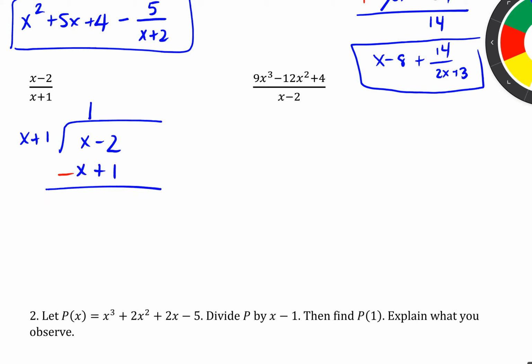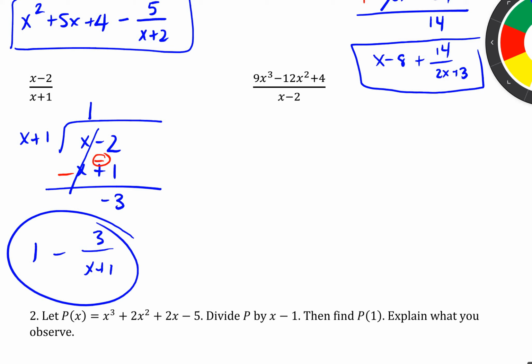I'm subtracting, so these become subtraction. The x's cancel, and I'm left with minus 3. That's the remainder. So your answer is 1 minus 3 over x plus 1. It's the same answer either way. It doesn't matter how you do it. I like inspection just because it's quick and easy. If you want to do long division, it's really not that much longer.